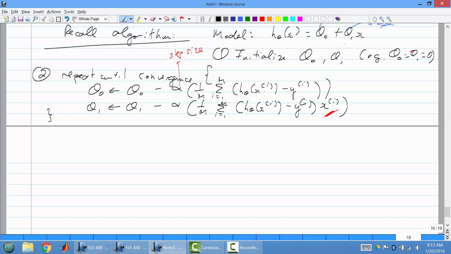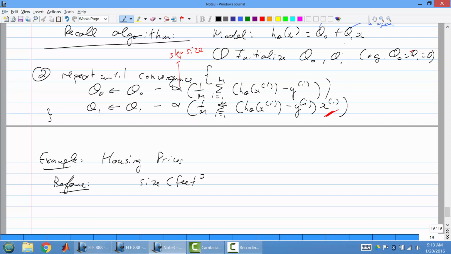So for example, we had housing prices. This is what we had before. Before we just had one feature to help us discriminate between different instances in your training data set. In the thousands.